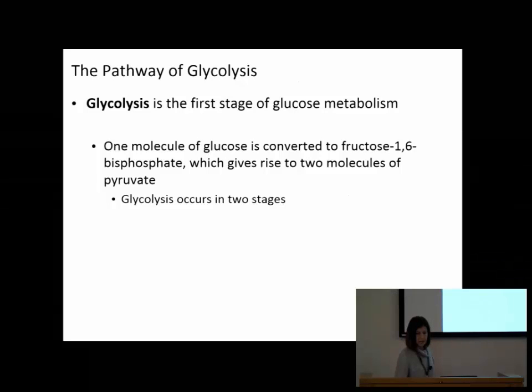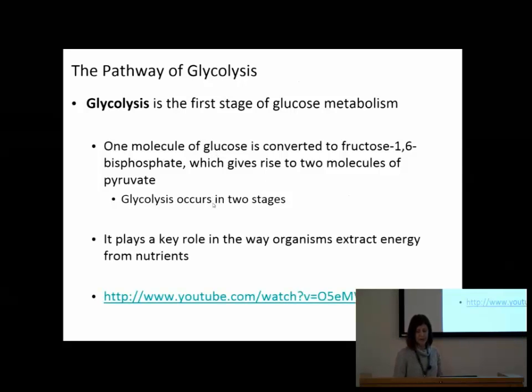In the first stage, we split the glucose molecule, and then in the second stage we get 2 molecules of pyruvate. So again, this is the main way organisms extract energy.